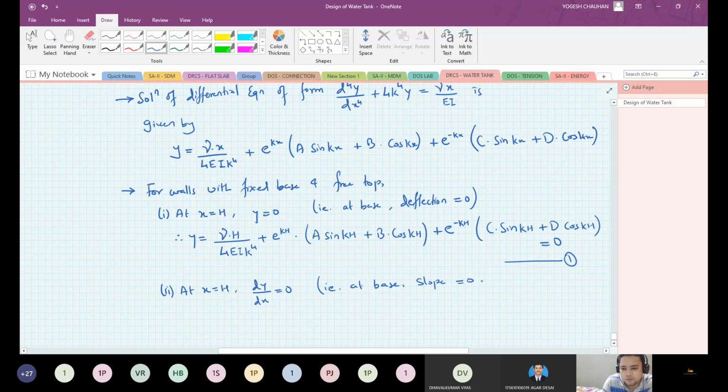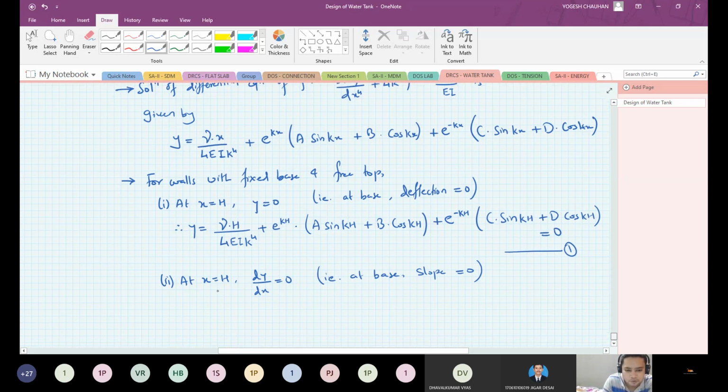If deflection is denoted by y, then the slope will be dy by dx. So you differentiate this expression with respect to x and then equate it to 0 and put the value of x equals to h.